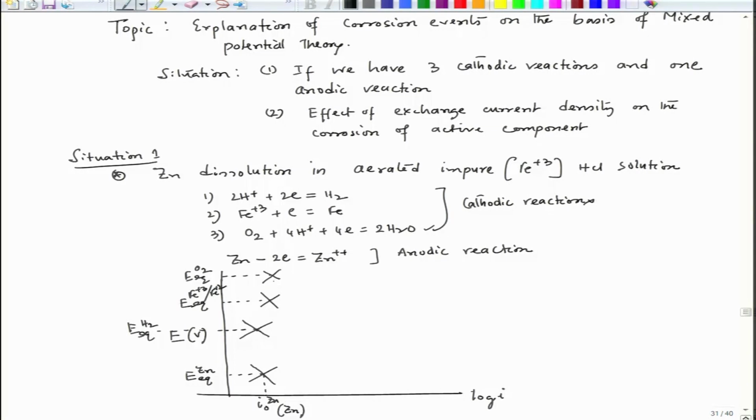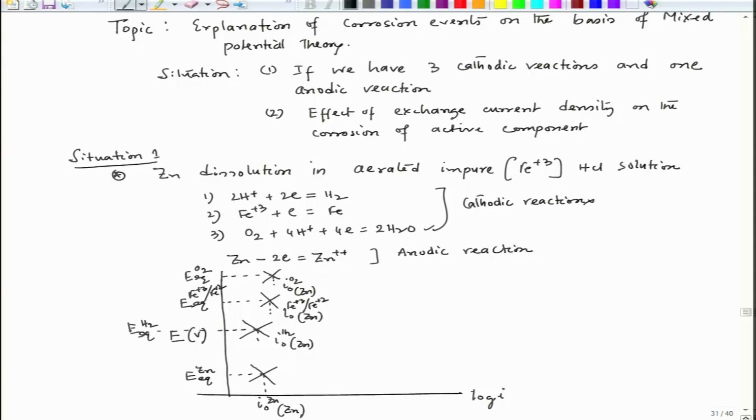The corresponding values are I0 O2 over zinc surface, I0 Fe+3/Fe+2 over zinc surface, and I0 H2 over zinc surface.